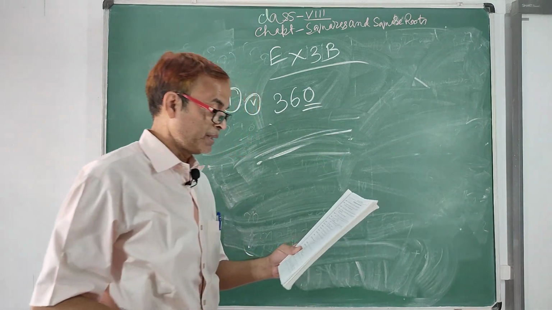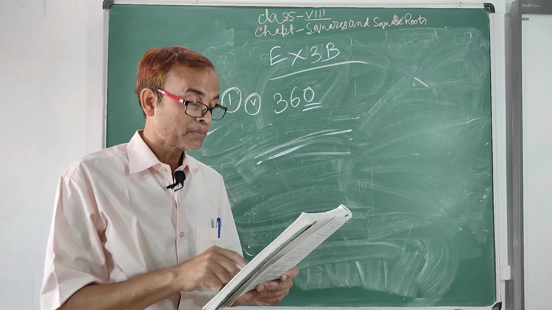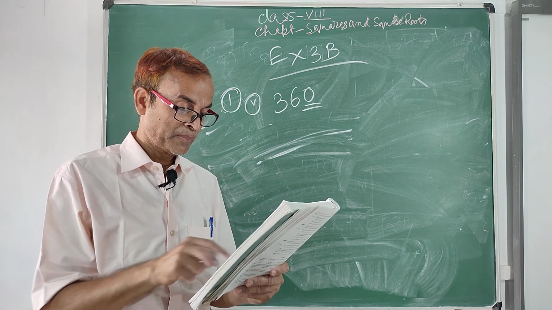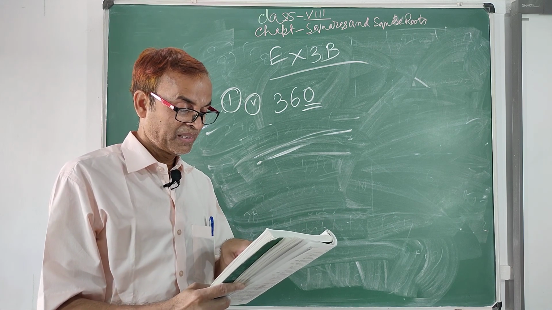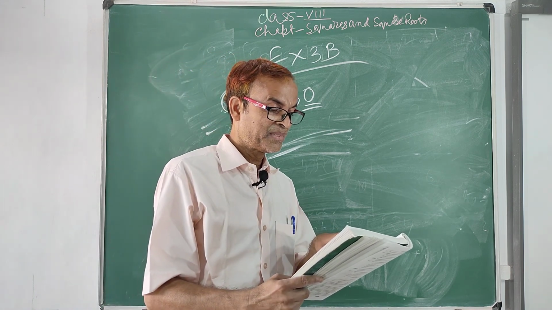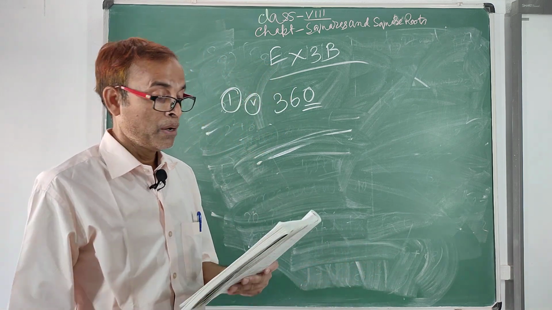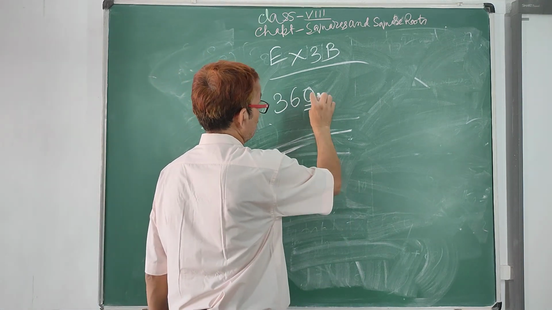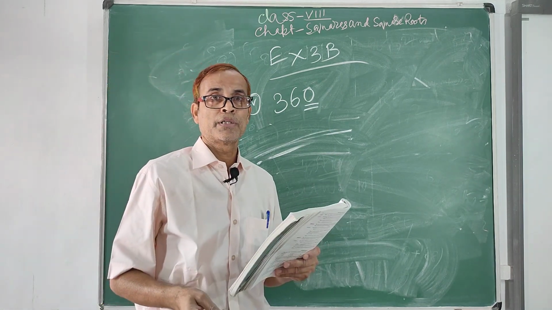So the number of zeros is 1, which means the property is: a number ending in an odd number of zeros is never a perfect square. Here the number of zeros is 1. So by this property number 2, this number is not a perfect square number.